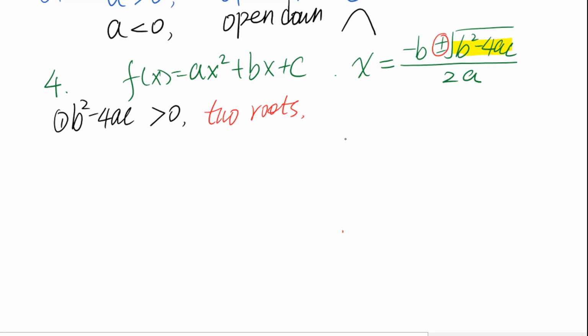Therefore, the graph will be like this. It will intersect x-axis twice.